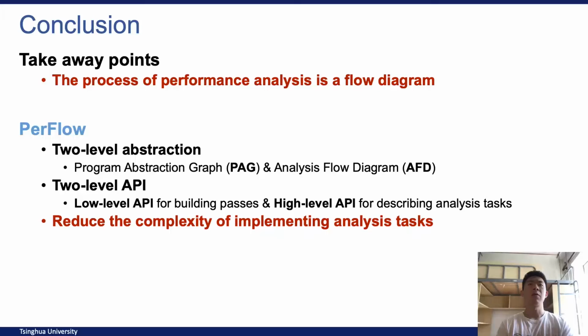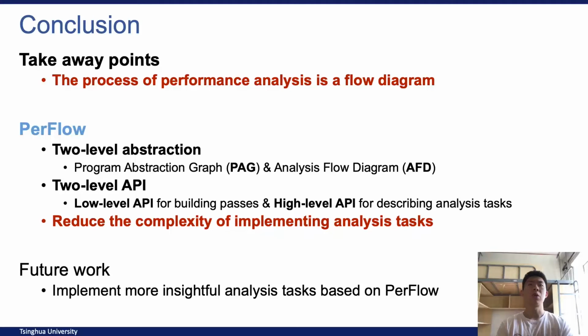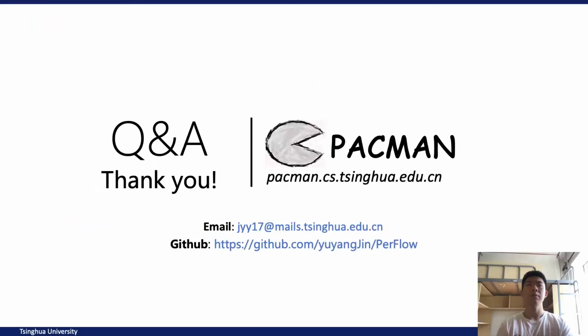And in PerFlow, we present two-level abstraction, PAG and AFD, as well as two-level API to reduce the complexity of implementing analysis tasks. In future work, we consider implementing more insightful analysis tasks based on PerFlow.